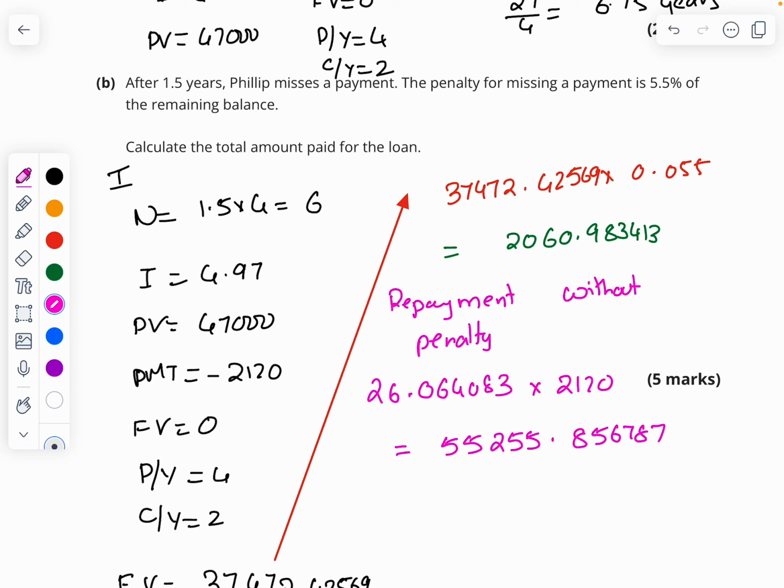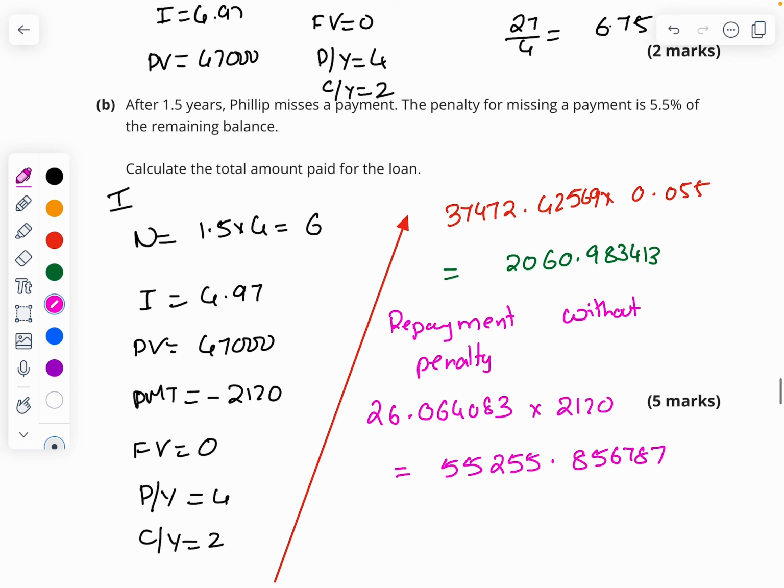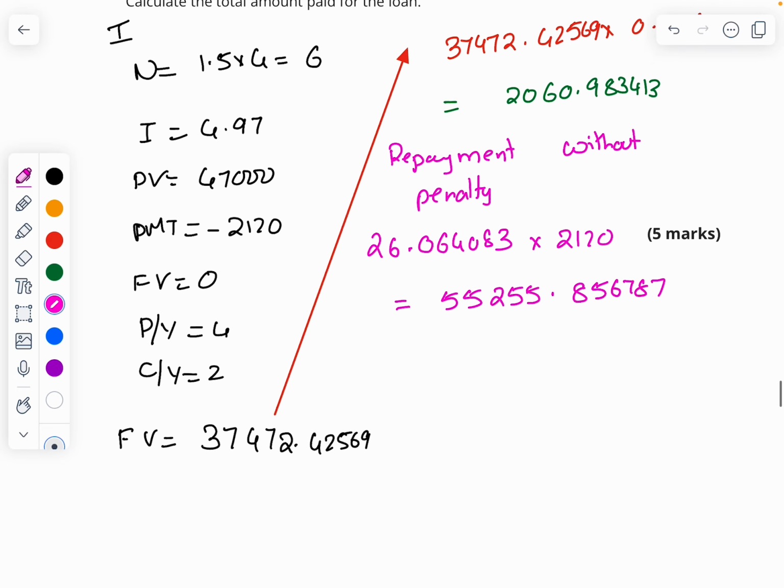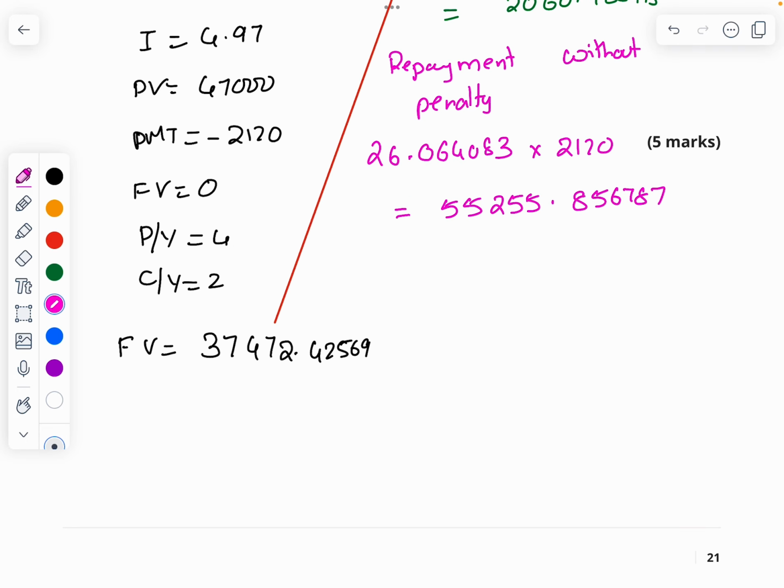But again, total penalty charged is 2060.983413. So the total amount that will be paid will be 57,316.84.